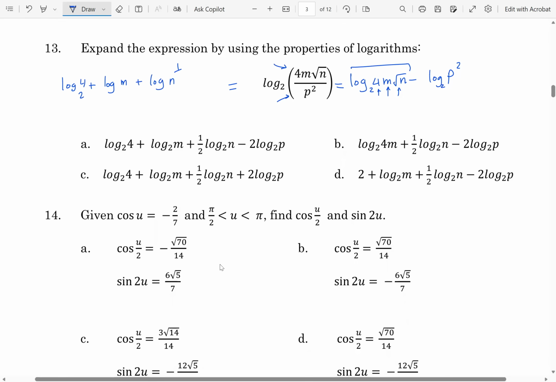I can write it as n power half, it doesn't matter, all base 2, minus, you can bring it here, 2 log p for the base of 2. So log 4 base 2 is actually 2, plus log m for the base 2, plus half log n base 2, minus 2 log p for the base 2. The correct answer, as you see here, is D.